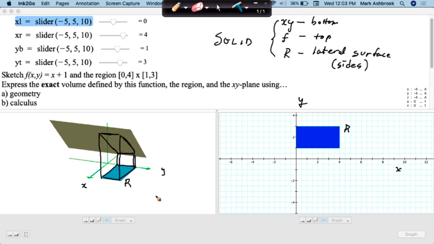Okay, so find the volume of that. First of all, by geometry. Use whatever means you can. How much three-dimensional space is taken up by that solid? So find the volume. Ready? That's your task.